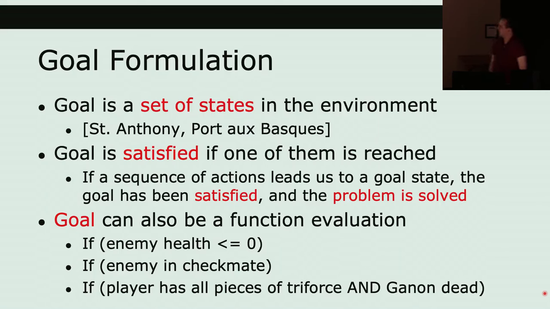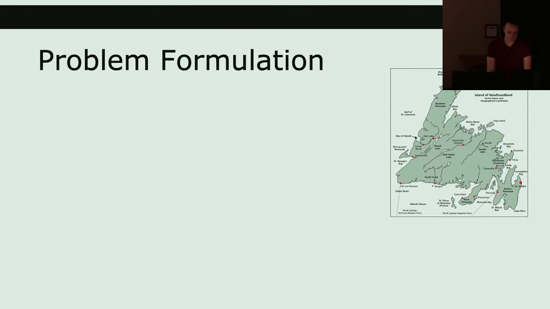For something like chess, it would be if the enemy player or the other player is in checkmate. That's something that you would have to test for. Or if the player has all the pieces of the Triforce and Ganon is dead, these arbitrarily complex functions for solving problems in general. So the goal in this case is just a state, but in general, the goal could be a more complex function evaluation.